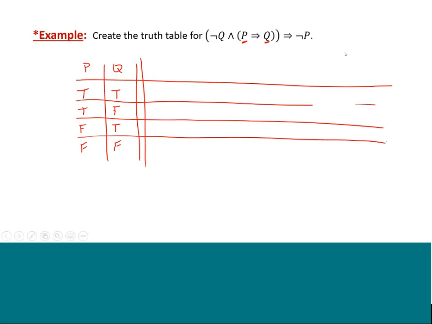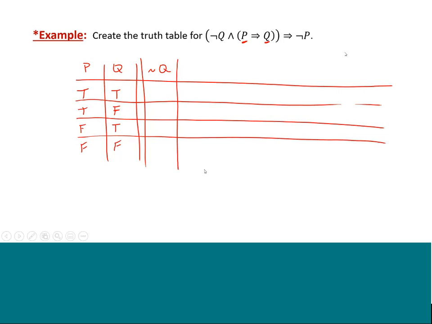When we look at this expression, remember order of operations holds, so we start with the things we need to worry about first. In this particular case, I might do not Q first. What should we be focused on when we want to fill in these truth values?